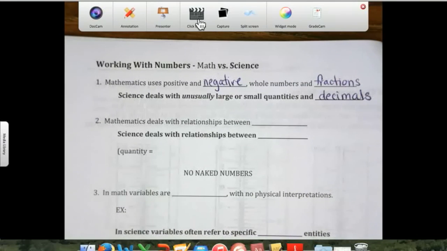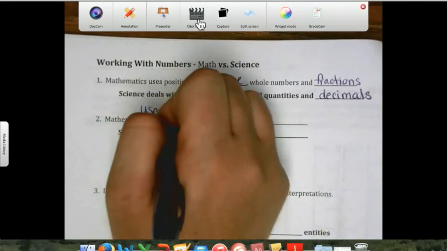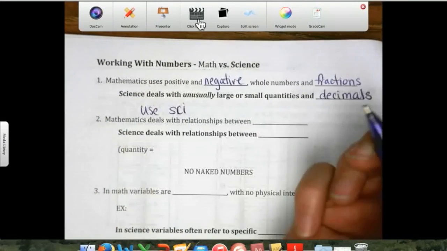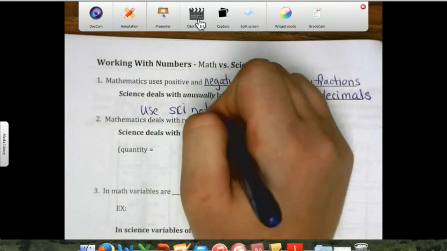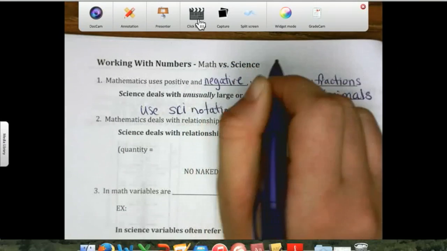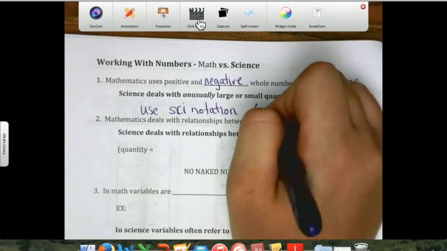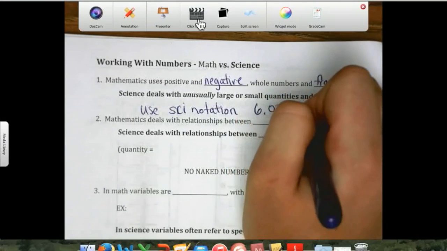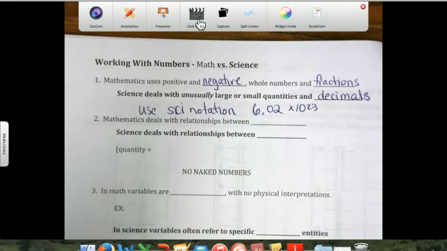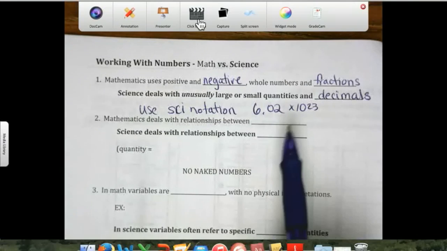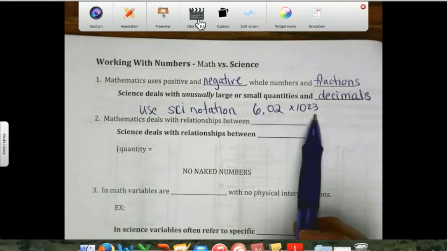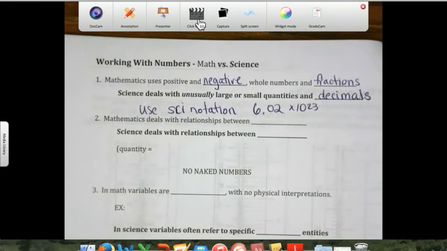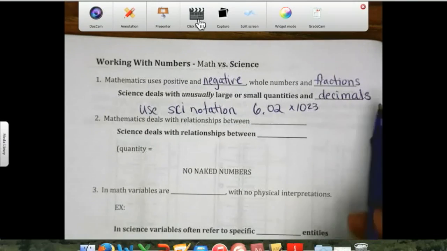So, for example, we use scientific notation, if you remember. So we use numbers like 6.02 times 10 to the 23rd to represent a certain number. So this is obviously a very large number. 10 to the 23rd would make it extremely large. So we're going to use scientific notation for that instead of just writing it out. That's where it's important to use decimals instead of fractions.